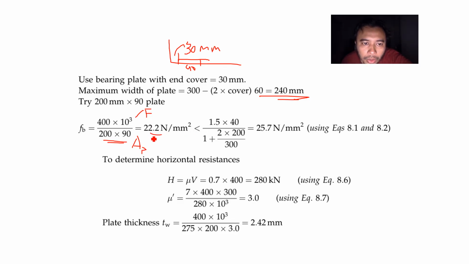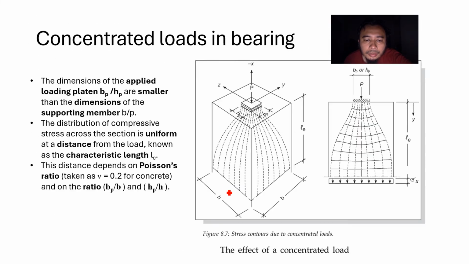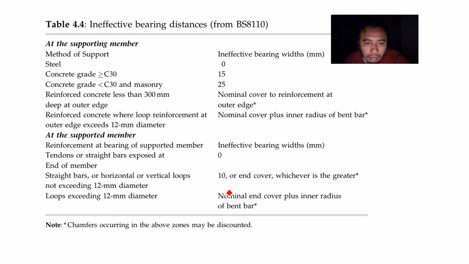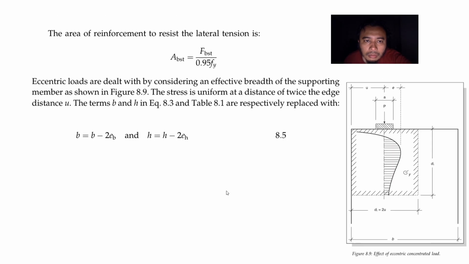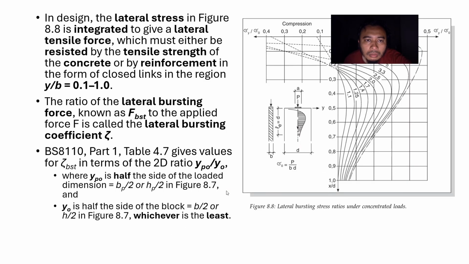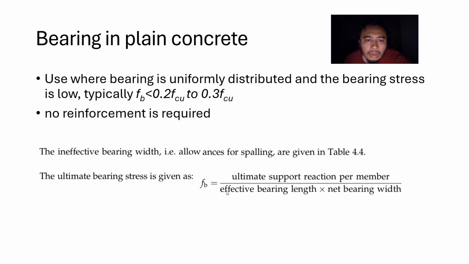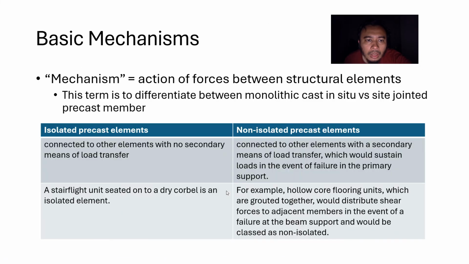This gives 22.2 Newton per millimeter square, which is smaller than the allowable bearing capacity. This is based on equation 8.2. Take a look at your previous slide.